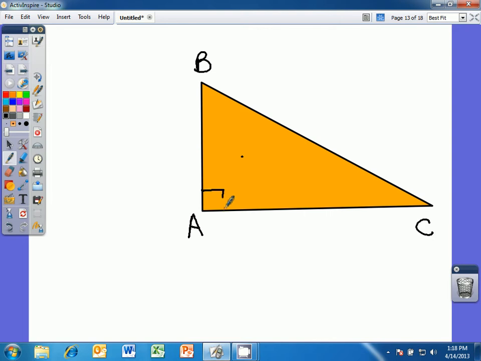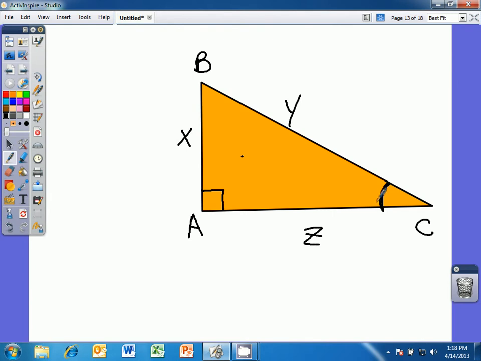Angle A is my right angle, and we'll call the sides X, Y, and Z. We know in triangle ABC, the right angle is A. But let's say I'm interested in relationships that have to do with angle C. Angle C, I want to define the sides as they relate to angle C.